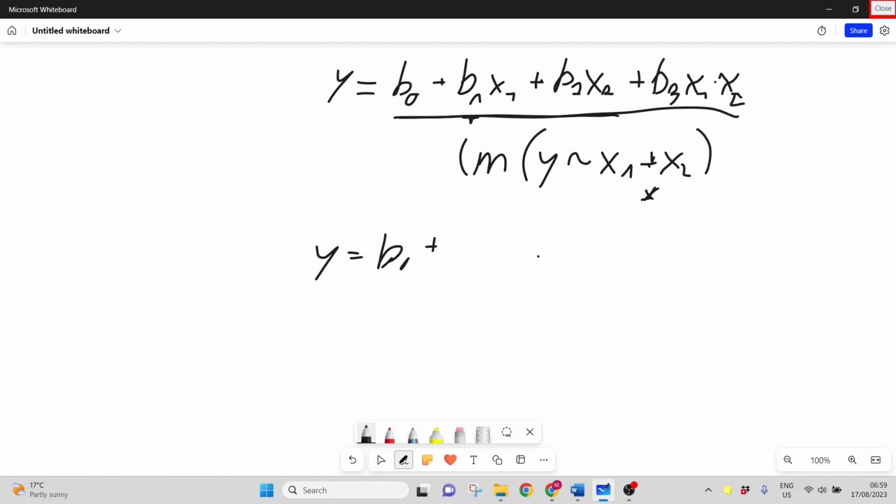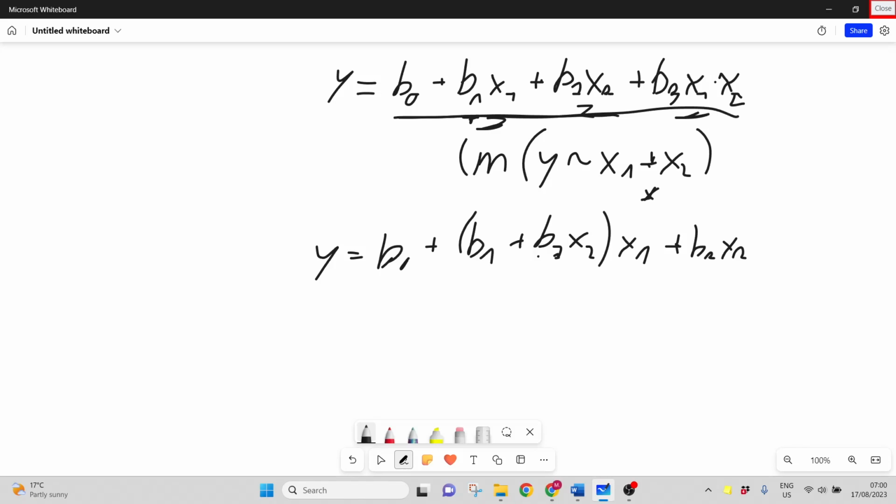So this would be b1, and then you take the other term that has x1, so we take b3 x2, and then we just take x1 outside. And then we have this term here remaining, so plus b2 x2.